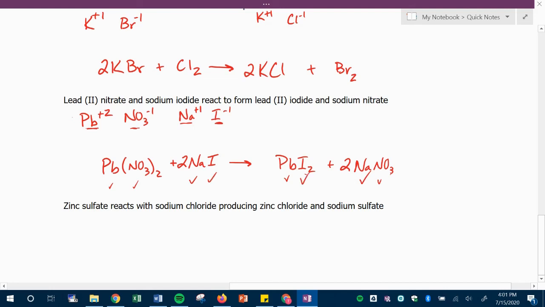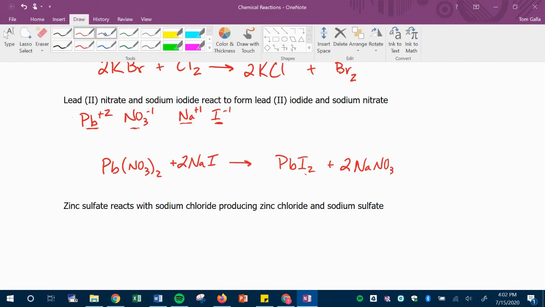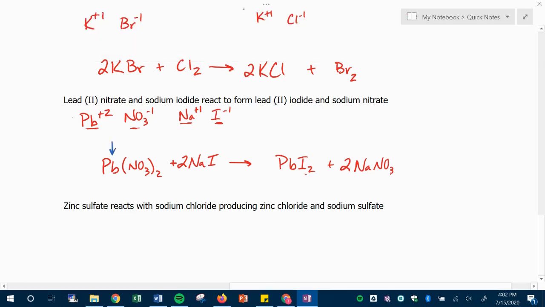I's, balanced. Now, if it helps as you guys are balancing, the way that I think is the easiest way to go through and balance all these reactions is to start off with your first element. So if I'm starting with Pb, you just work from left to right, and you only have to do it across the reactants.